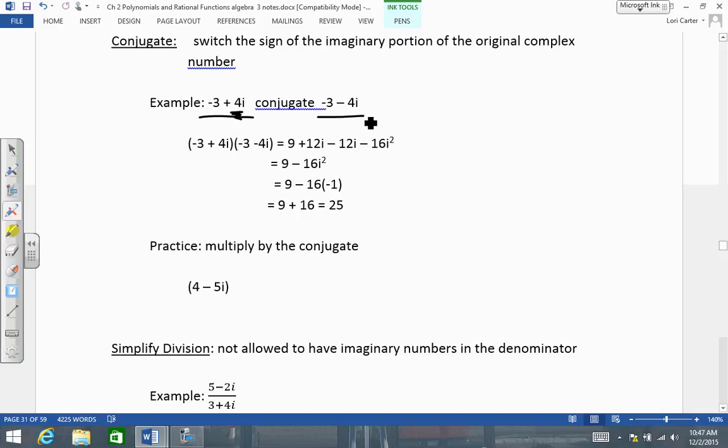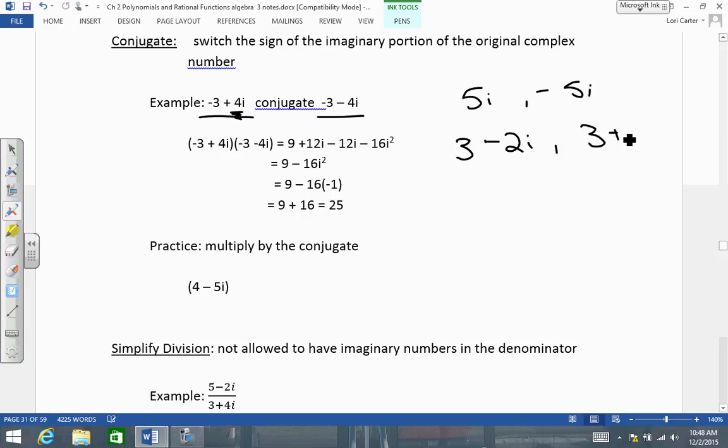Is there more than one way to do this? Yes. Do they mess up negative signs? No. Generally. Will this one always work? Yes. So if I gave you 5i, just a straight 5i, what's its conjugate? Negative 5i. If I gave you 3 minus 2i, what's his conjugate? 3 plus 2i.